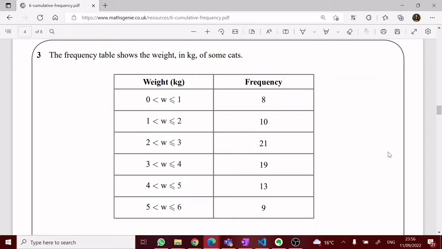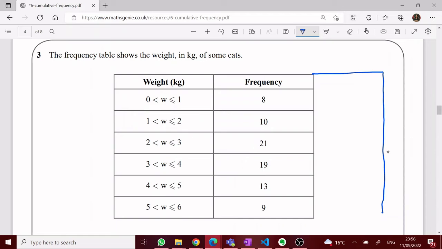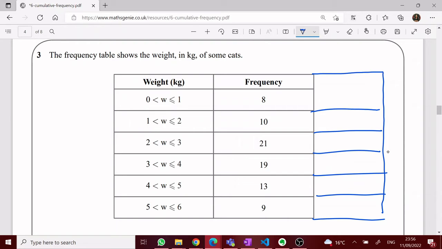For example, in here, they've just given you frequency in this column. But if you have to find the cumulative frequency, I'm just going to add another column and write it as cumulative frequency.